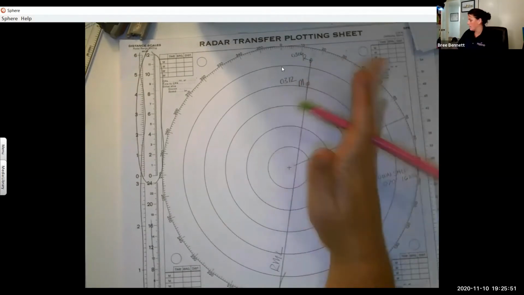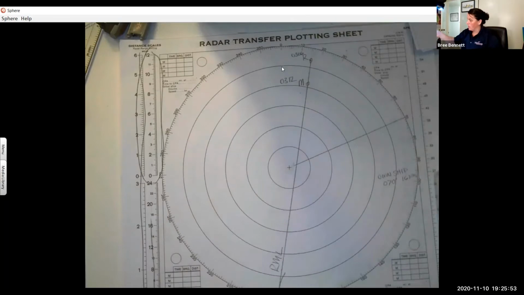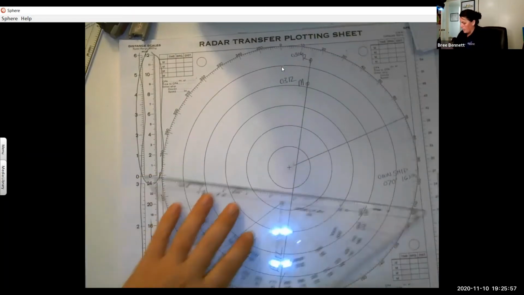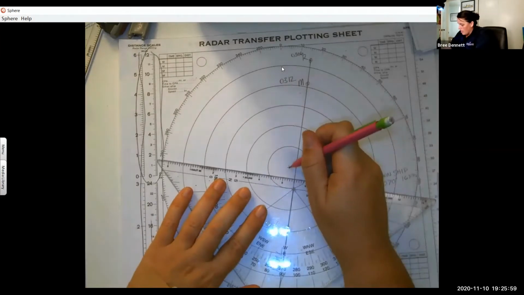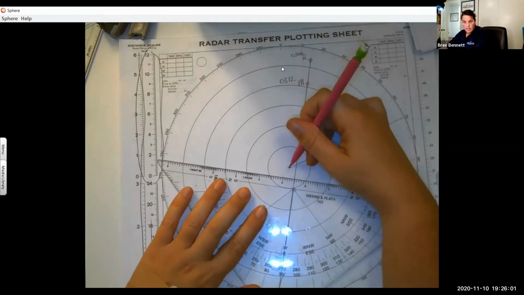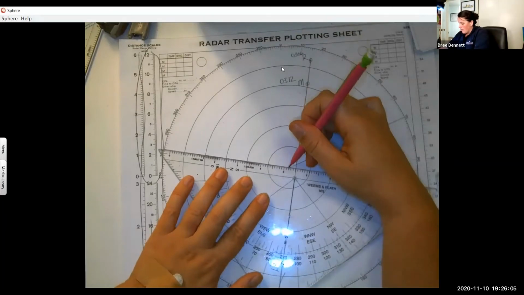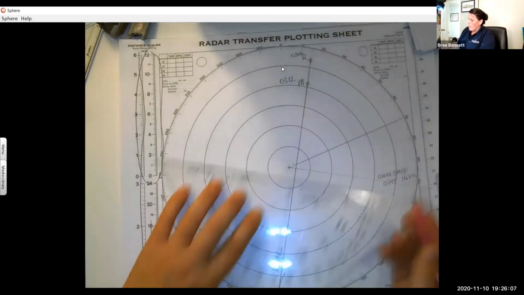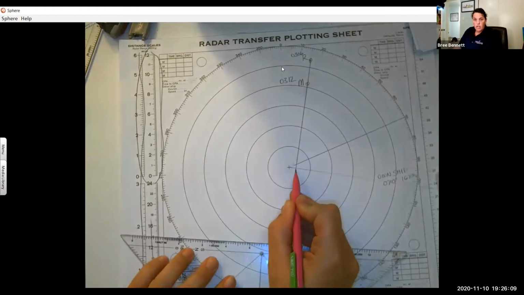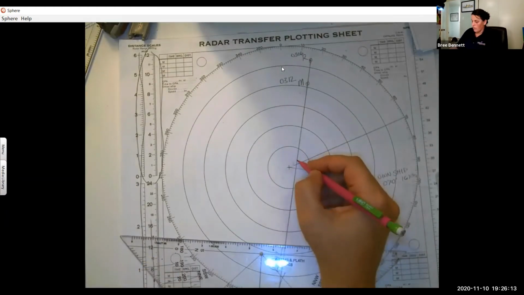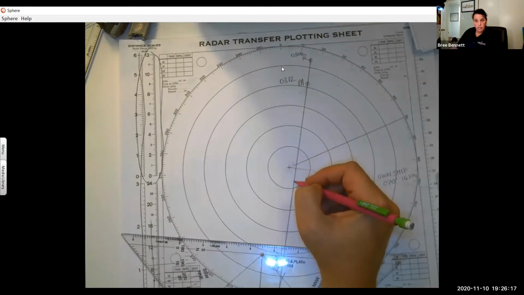I like to use the triangle to get a perpendicular line from the relative motion line to the center of the radar plotting sheet. And this would be our closest point of approach. It's as close as it's going to get, and then it's going to go farther and farther away.